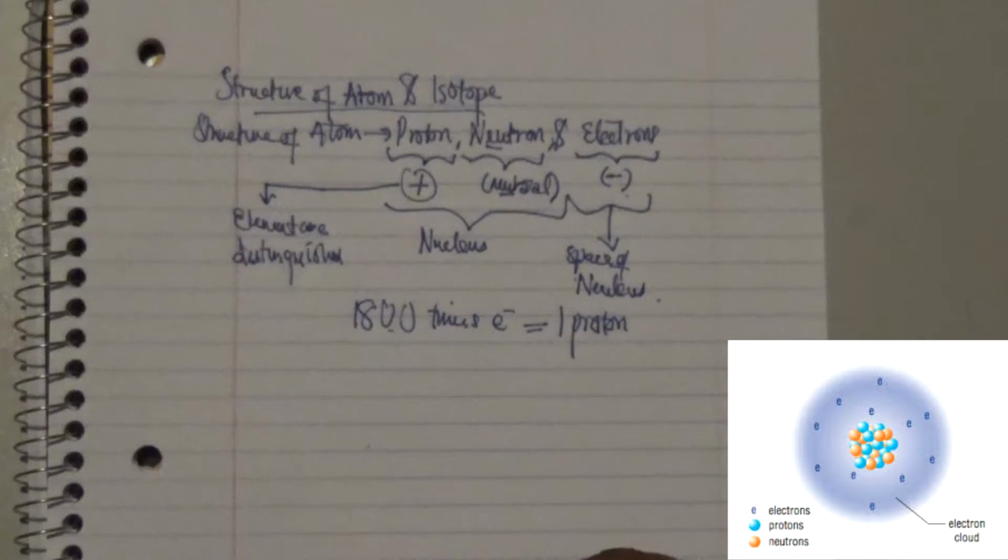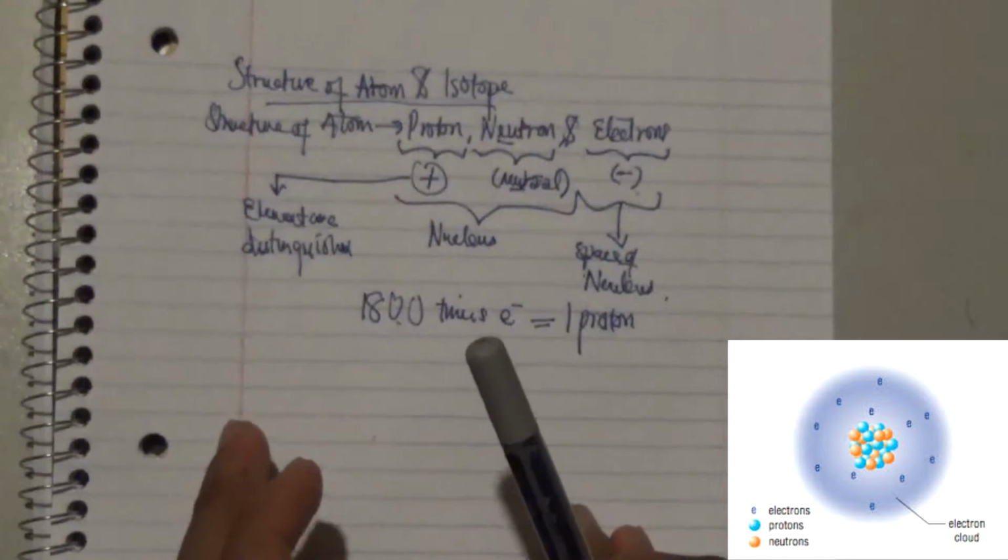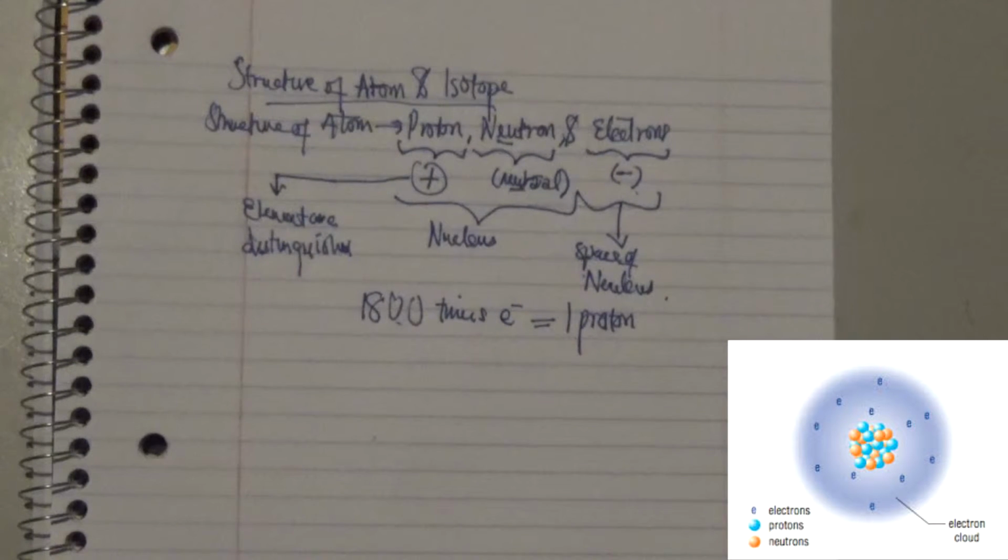Those are the most important things you need to know about electrons, and how electrons will be involved in organic chemistry, hugely or mostly.